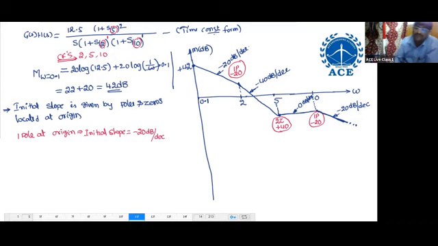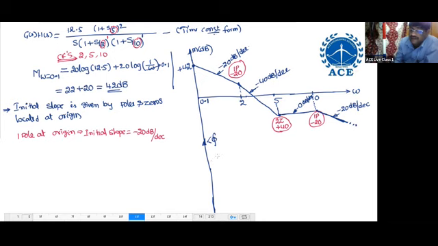Right. Very good. Next, draw the phase plot. Actually, how to draw the phase plot, you know?